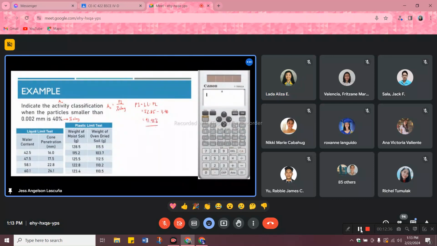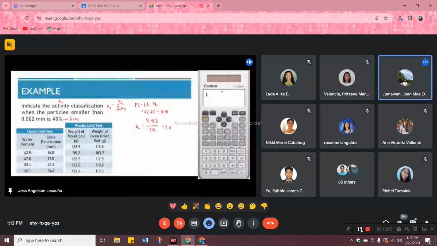So dividing it by what? By 40%. So divide by 40% since it is also in percent. So the answer is 1.04, sir. 1.04.